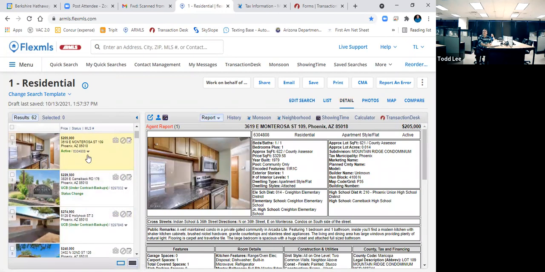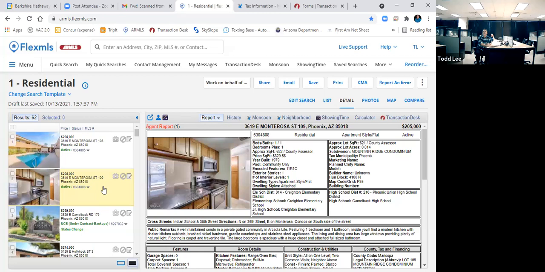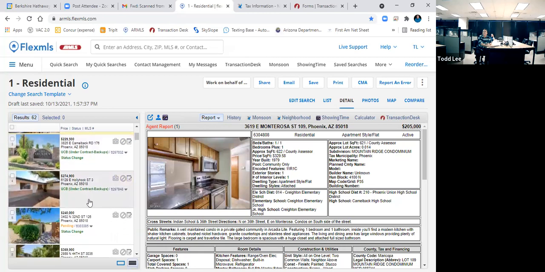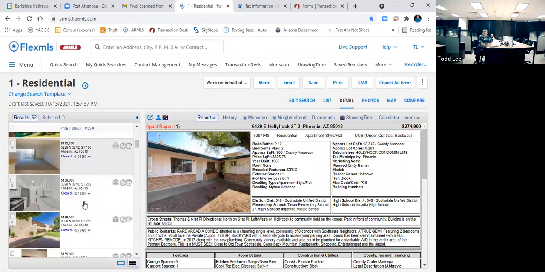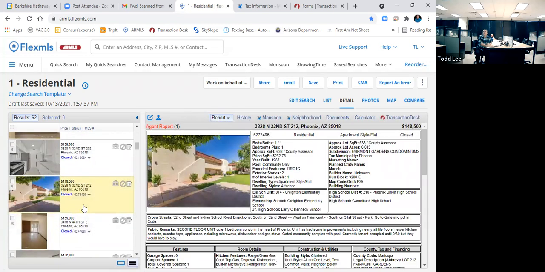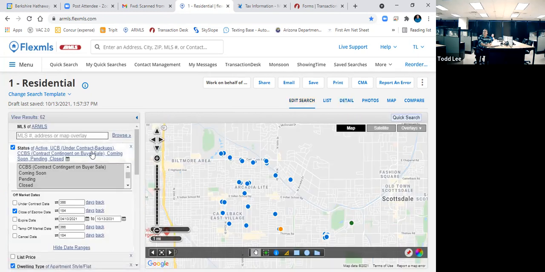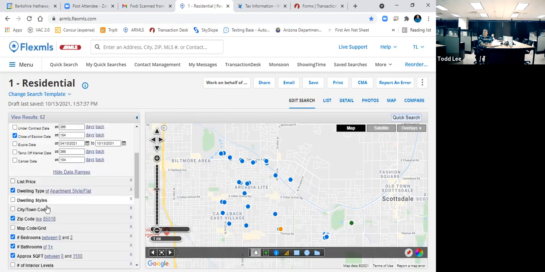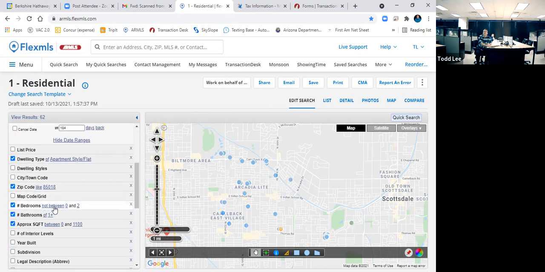Couple of them for 205. 274. There's closed. Ooh, look at these closed ones. Oh, those are 1-1s. I need to edit my search. I need it to be at least a 2-bedroom, not just a 1 or 2 bedroom. So between 2.